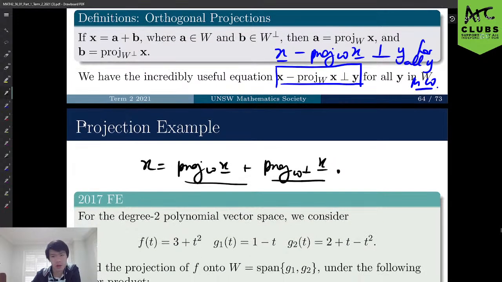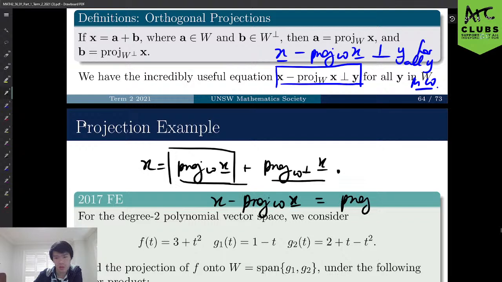Right, so what that means is that if we take x minus this thing, if we've taken the W part away, then what we're left with is some element in W complement.